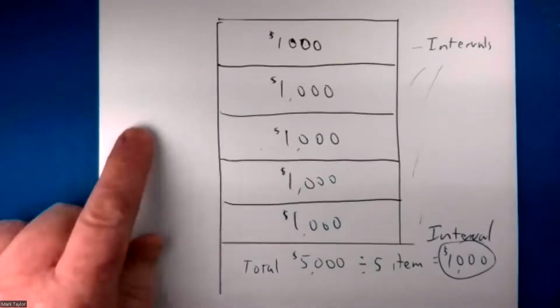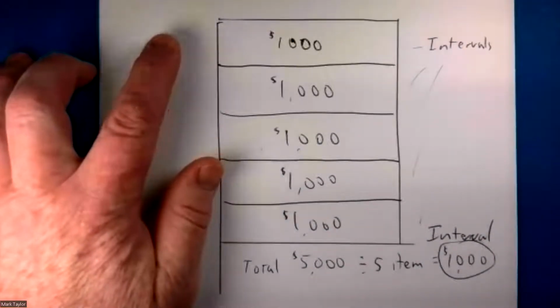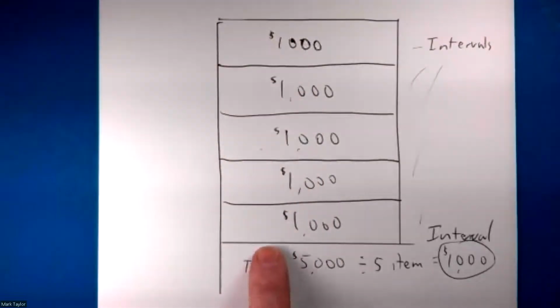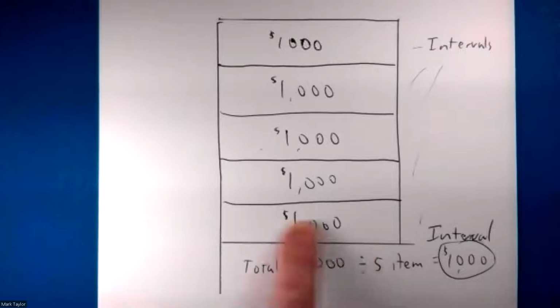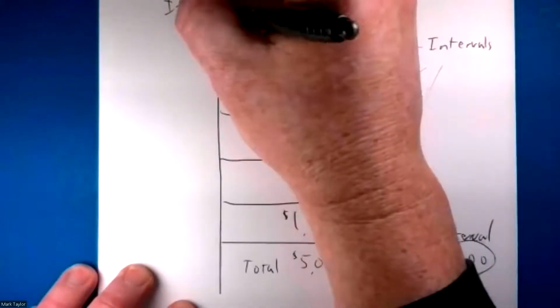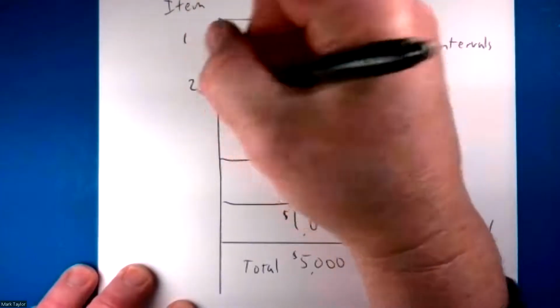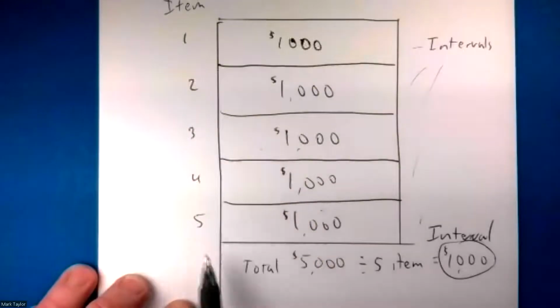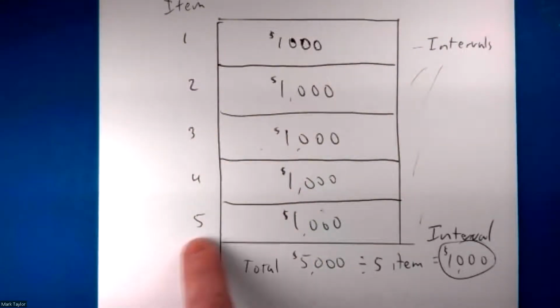Now, what we're going to do is pick one item for each one of these and assume that it's going to represent the entire interval. So we're going to pick 1, 2, 3, 4, 5. And whatever those items are, they're going to represent that entire interval.